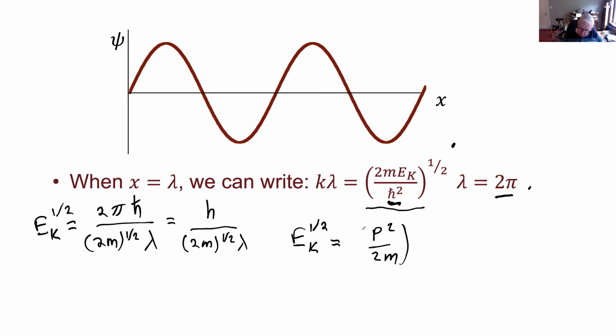So if I take the square root of all of that, I'd get the square root of kinetic energy, and that will give me p over the square root of 2m, right?